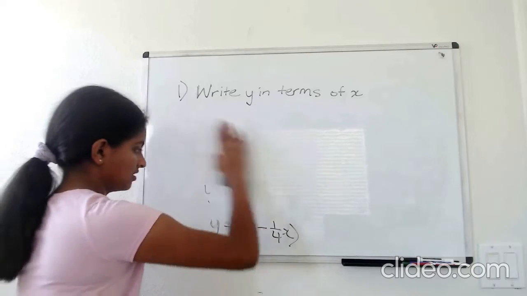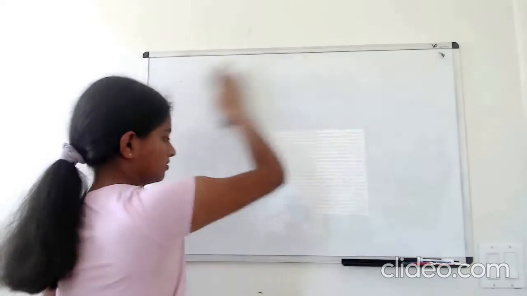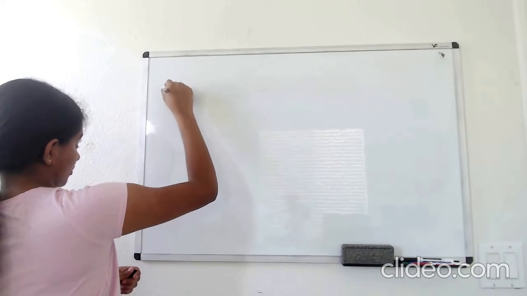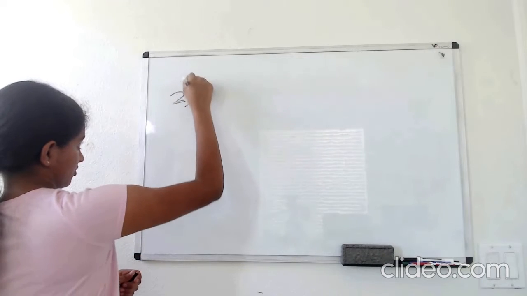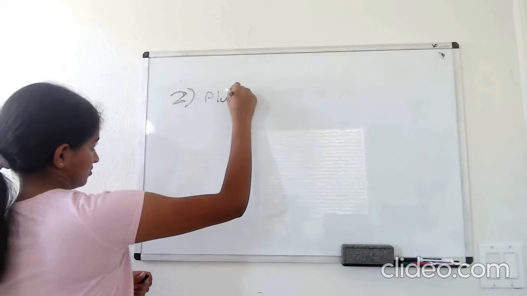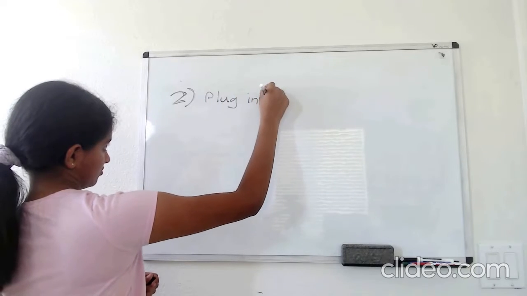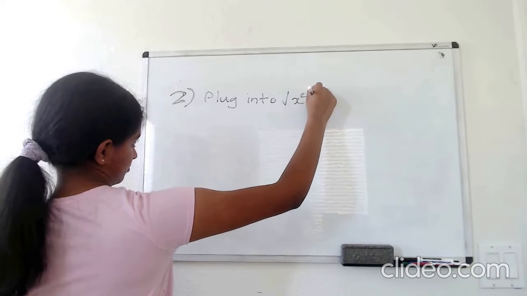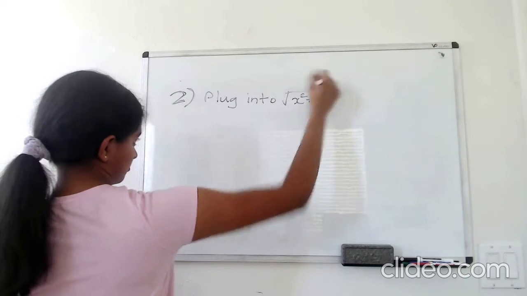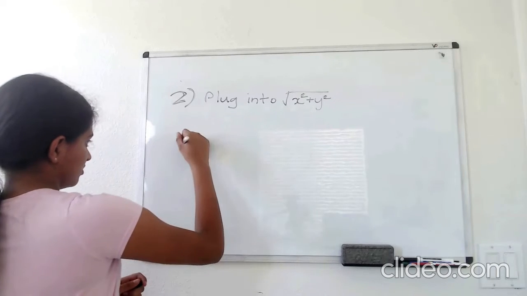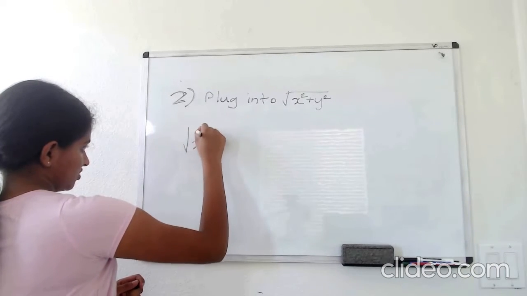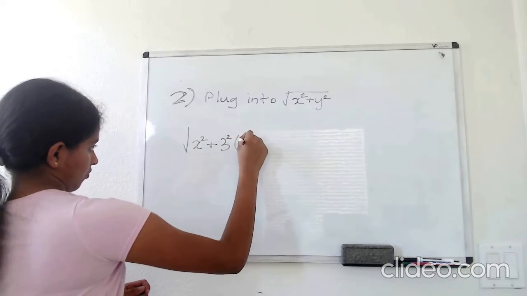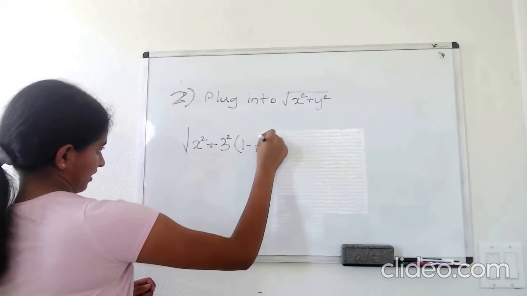Step 2 is to plug that into x squared plus y squared, which, if you recall, is the thing we're trying to find the minimum value of. Okay, to do that, we say x squared plus 3 squared times 1 minus 1/4 x squared.